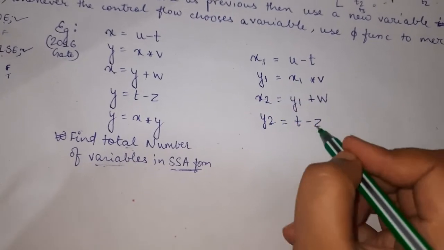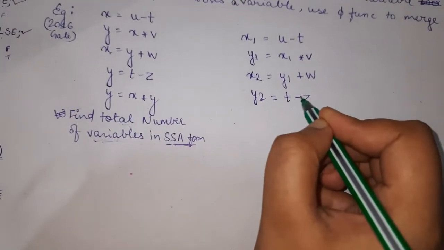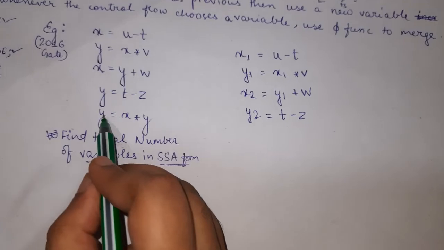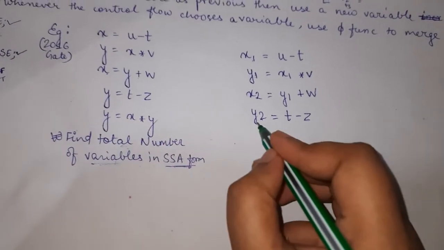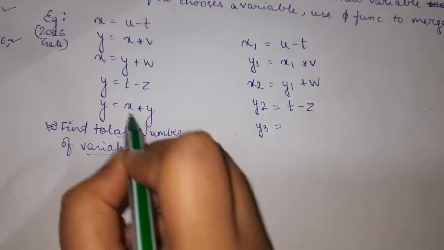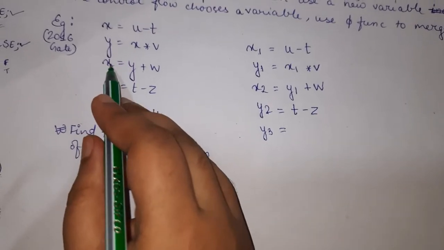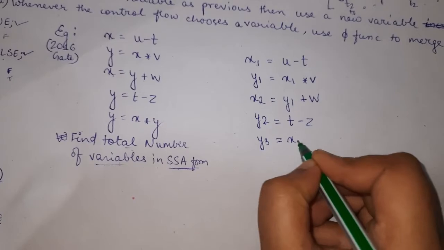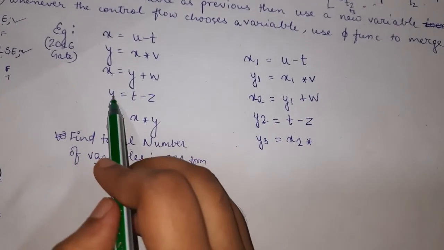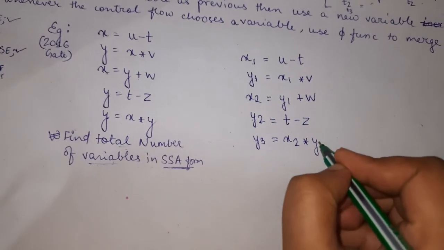There is no t here, no z here, therefore we can directly write t minus z. Here again y equals x star y. Here y I cannot write y2, I have to write y3 equals x, where the nearest x is x2, into y, where the nearest y is y2.